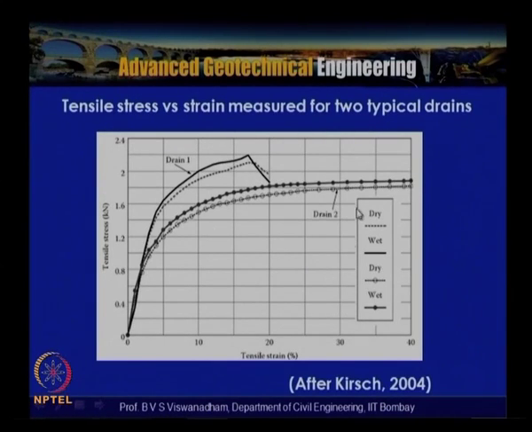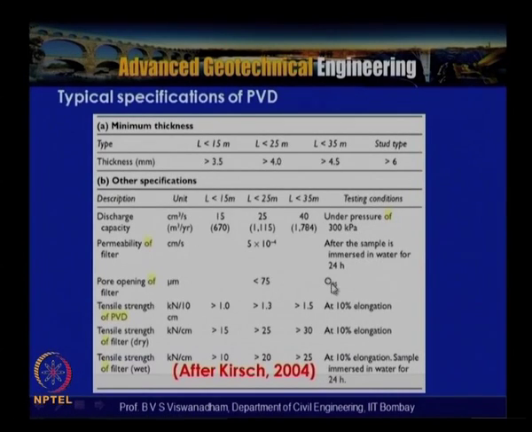You can see drain 1 and drain 2, and these are the typical specifications of the PVDs followed in China for L less than 15 meters, L less than 25 meters and L less than 35 meters, wherein the thicknesses are 3.5, 4 mm and 4.5 mm.